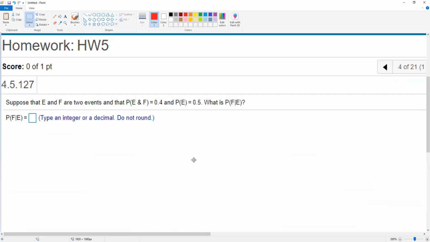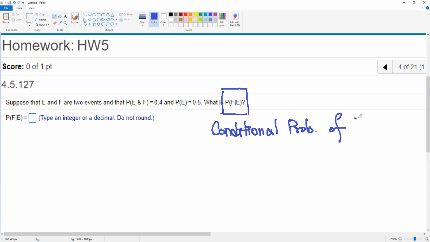The reason why we need the marginal probability and the joint probability is because of the conditional probability. So now it is the conditional probability of F given E. Here's a bar, and we read it as given.